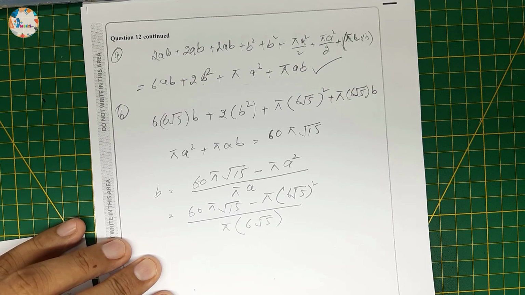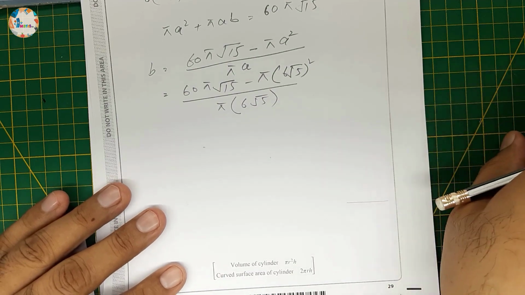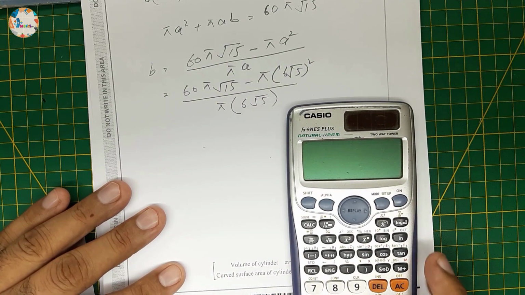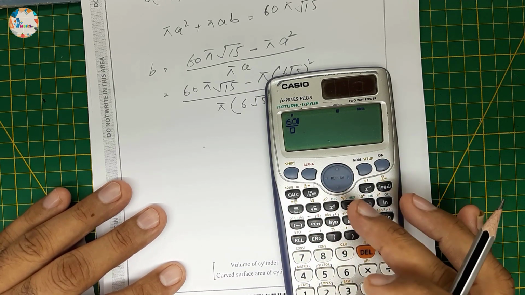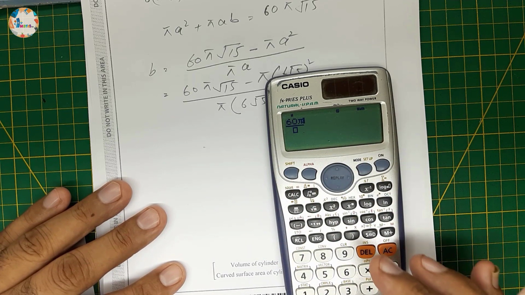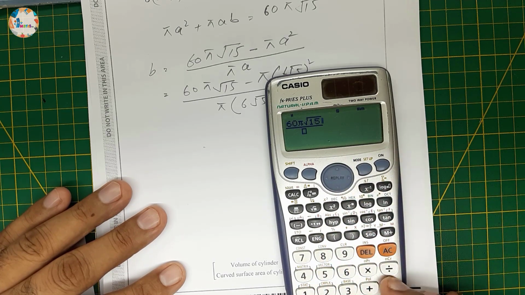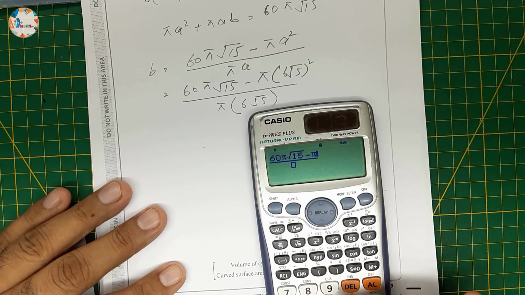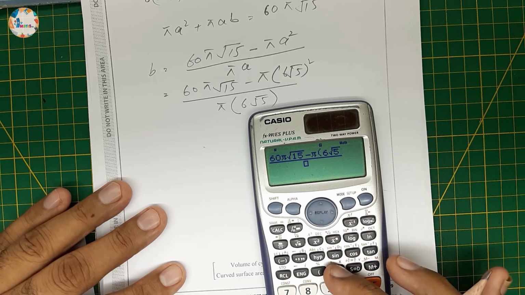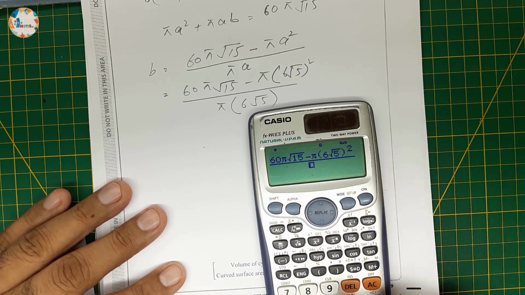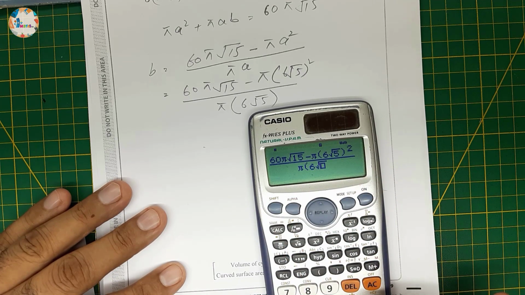Now this one can be further simplified, and we can just calculate also. For example, if we write this one, 60 pi and under root of 15 and minus pi and 6 root of 5, and this will be squared, and the denominator will be pi into 6 under root 5.